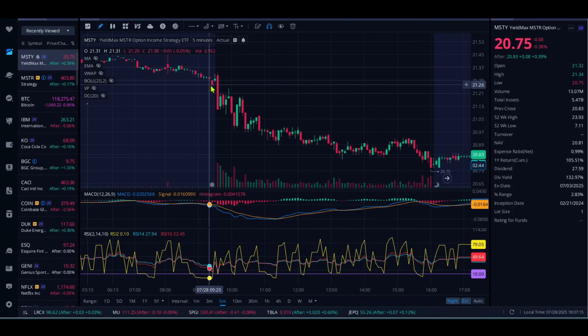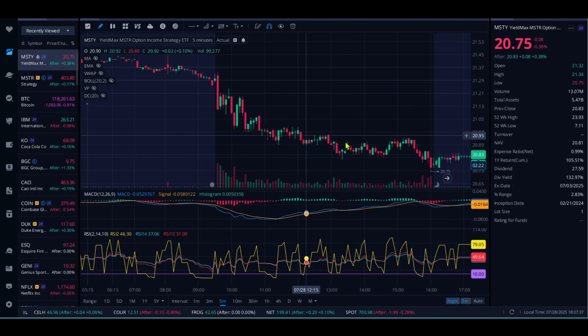And as you can see, when it first came out, it opened at that 21.32. It went as high as 21.34, and it was just downhill from there, right? Because at that same 5-minute interval, it went as low as 21.11. And as you can see, it just kept on going, right?